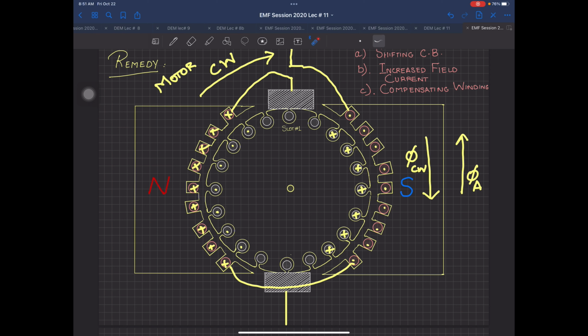So now this cross and dot, they both are cancelling. So overall this cancels, this cancels, this cancels. So now the only field remaining is phi F over here. Now you can't even say that only phi F is there. Why? Because this winding is perpendicular to your phi F. So it will have a slight effect over there also.